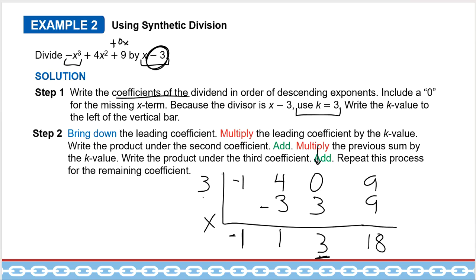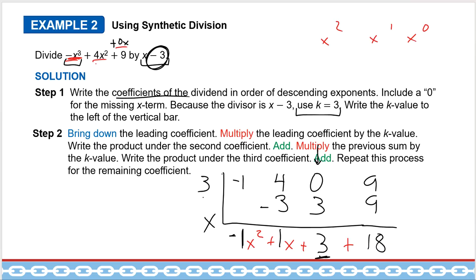Because I am basically dividing all of my variable parts up here by x, the exponents are going to decrease by 1, right? So since this is x to the third, I'm going to start with x squared plus 1x plus 3x to the 0, right? I had x squared, then x to the first, then x to the 0. Well, x to the 0 is 1.